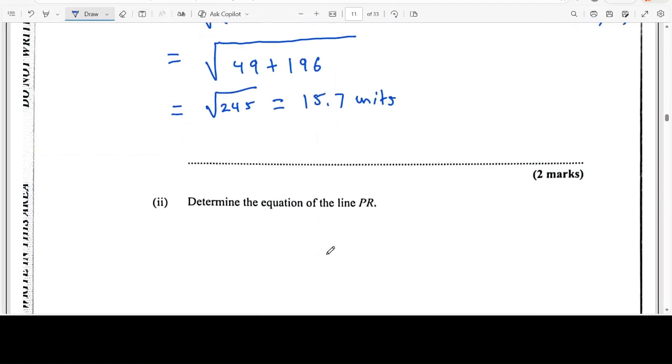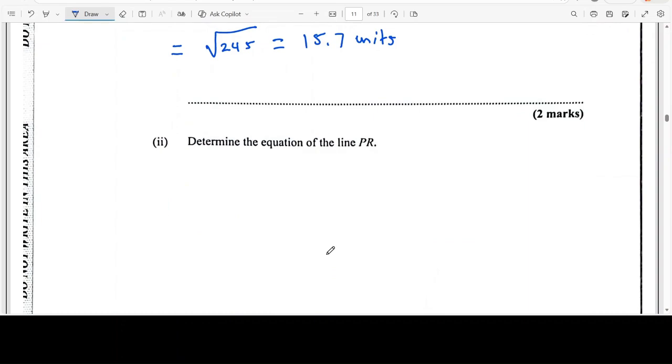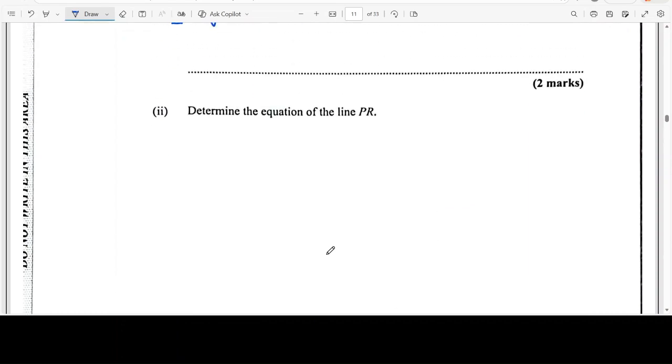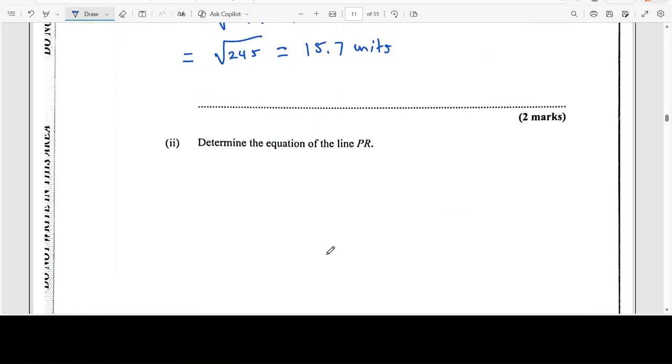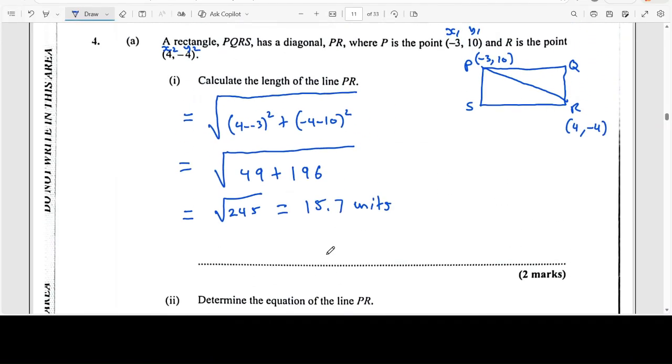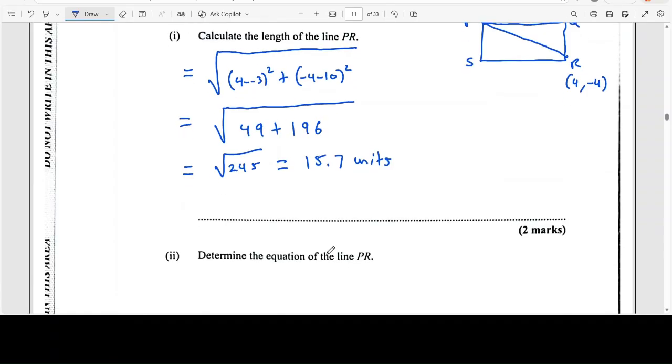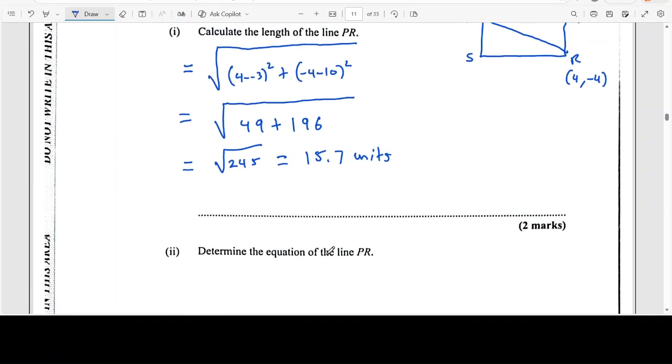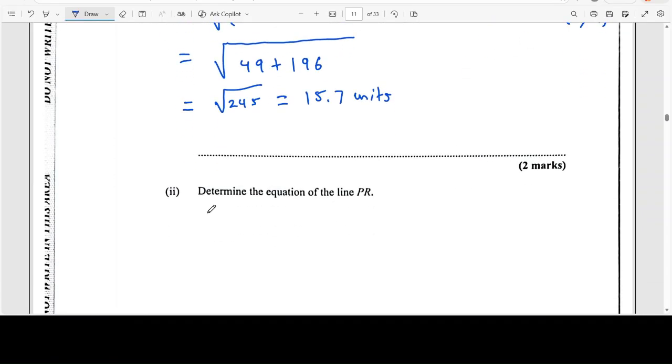Right, part 2. Determine the equation of the line PR. 3 marks. How can we do this? Let me see what we have. We have 2 points. Right, so if we have 2 points and we want to get the equation of a line, first we need to calculate the gradient. The gradient is what again?